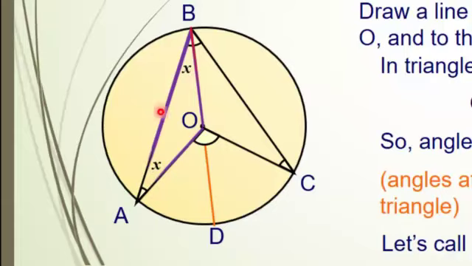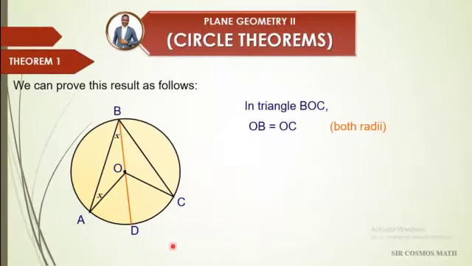Remember, what we have done here is the same thing we are going to do for this triangle OBC. Now check. In this triangle, we know that OB is equal to OC, taking triangle BOC. Just like what we did, this line is equal to this line.